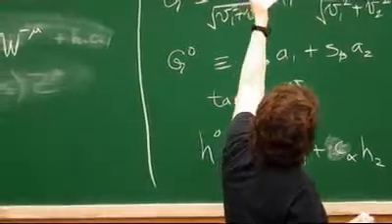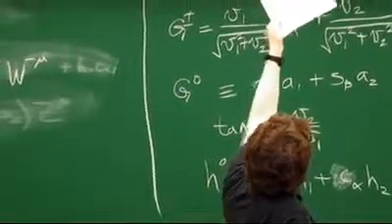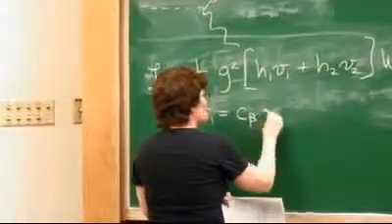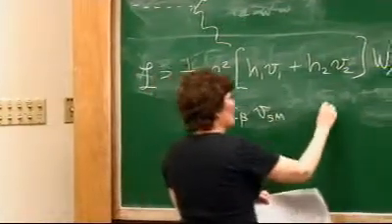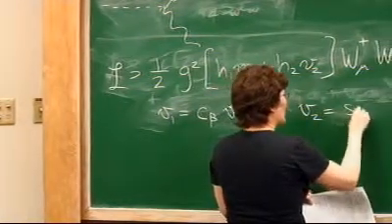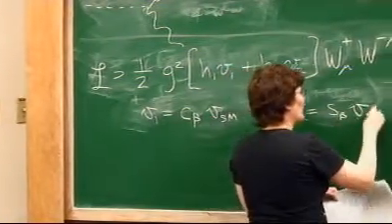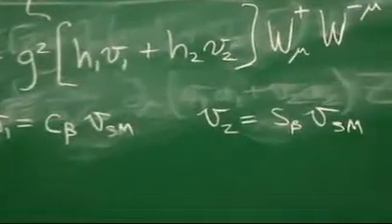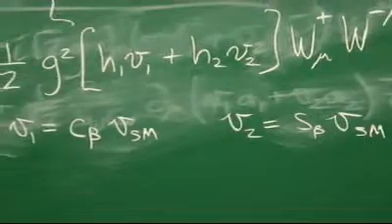If you look up there at the masses of the W and Z, the square root of V1 squared plus V2 squared is just V standard model. Likewise, I can write V2 as sine beta times V standard model. That will let me re-express this in terms of V standard model and compare it more easily to the standard model Higgs couplings.